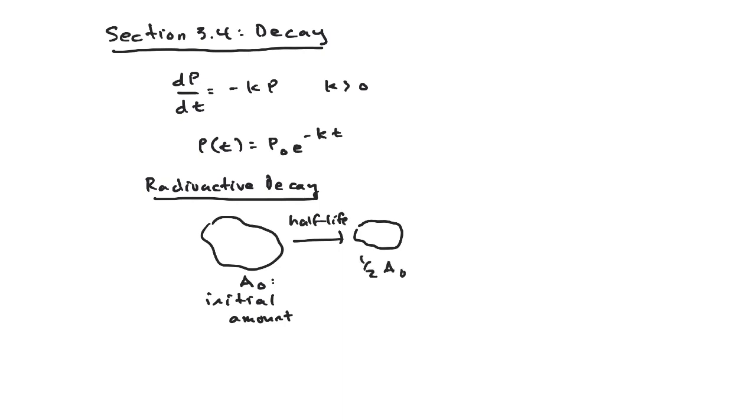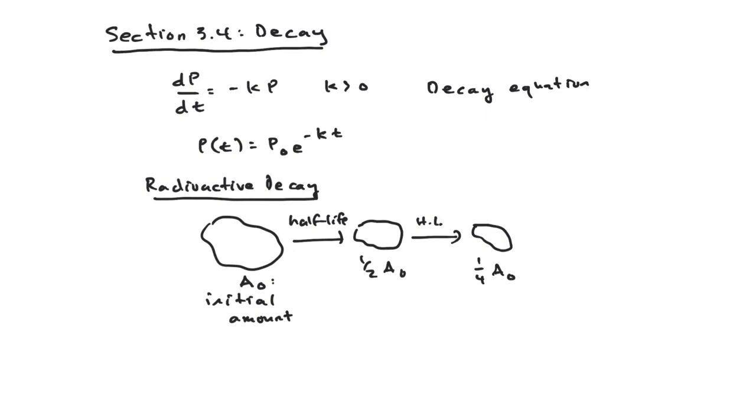And then after another half-life, which we'll just call HL, we get to half of that, which is going to be 1/4 of A0, and so on. So we can use basically the same principles that we used for exponential growth and apply them up here, and this is what we'll call the decay equation.